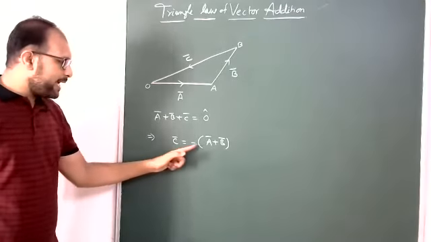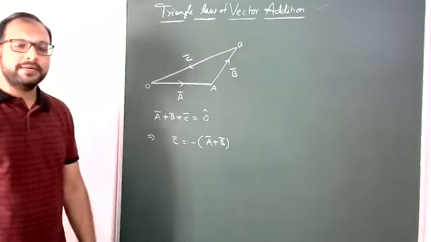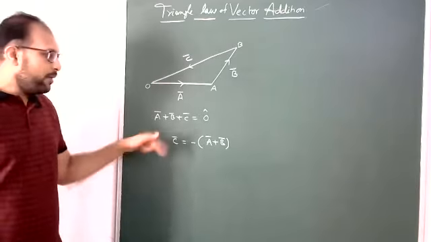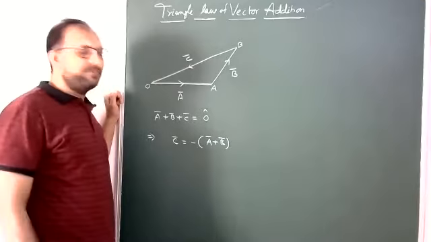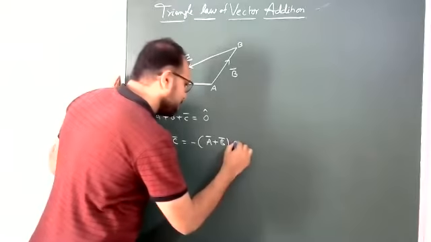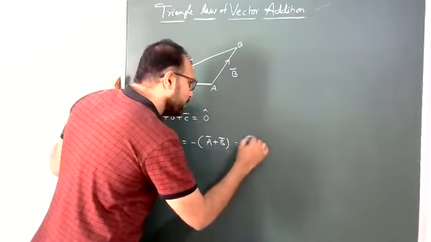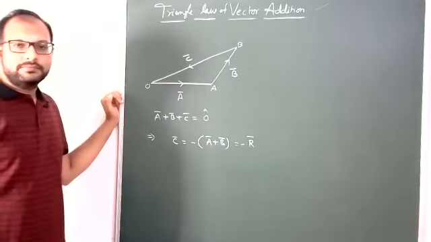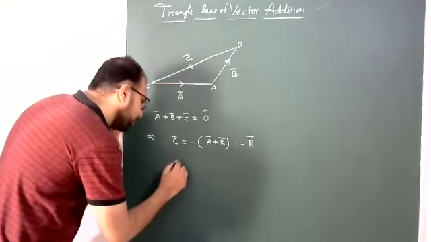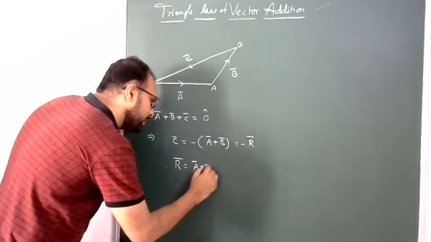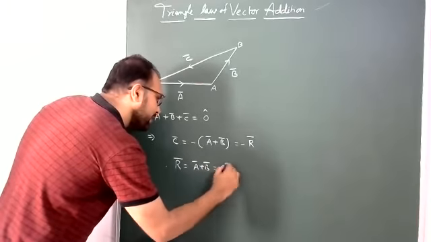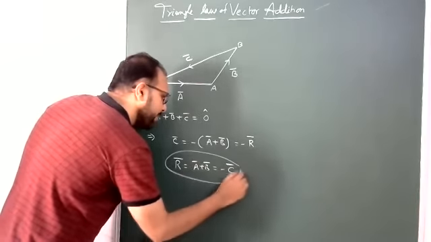C bar equals minus of A bar plus B bar. Now A bar plus B bar is the resultant of A bar and B bar, that is, R bar. So the resultant of A bar and B bar is nothing but minus C bar.